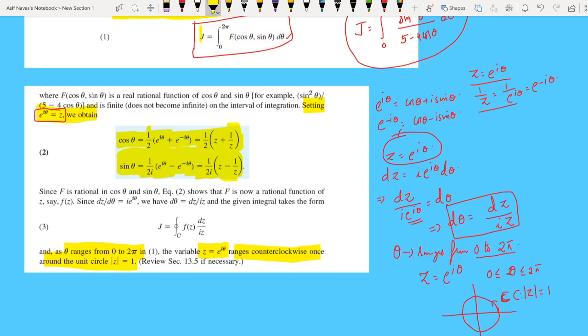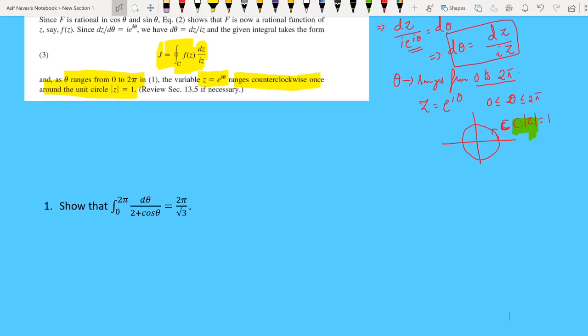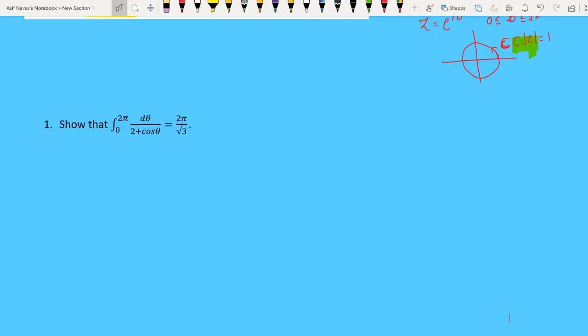Therefore, our integral J equal to integral 0 to 2 pi f of cos theta, sin theta d theta changes to J equal to the integral over C of f of z dz divided by i z, where C is the unit circle. So our contour C is the unit circle. Now we will do a problem. So this is a real integral.